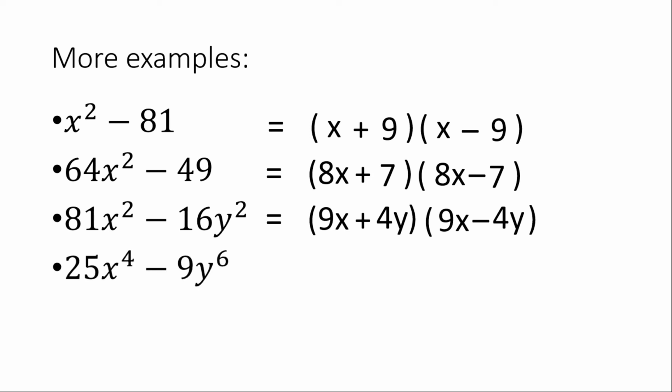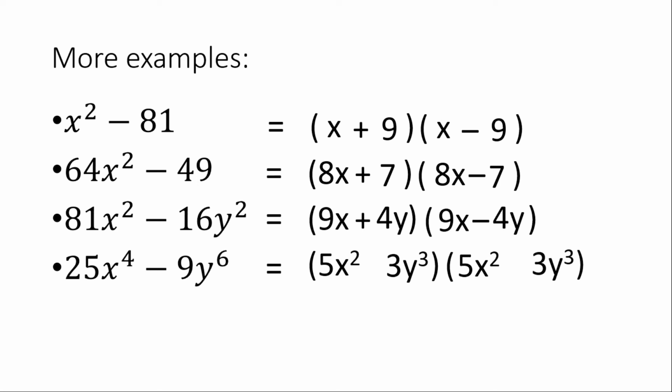Next example, let's try to factor out 25x to the 4th power minus 9y to the 6th power. Let's get the square root of 25x to the 4th power, and that is 5x squared. What is the square root of 9y to the 6th power?